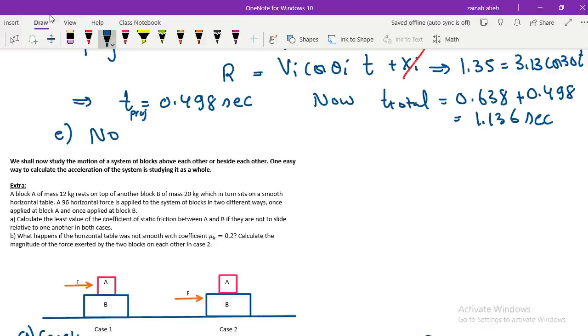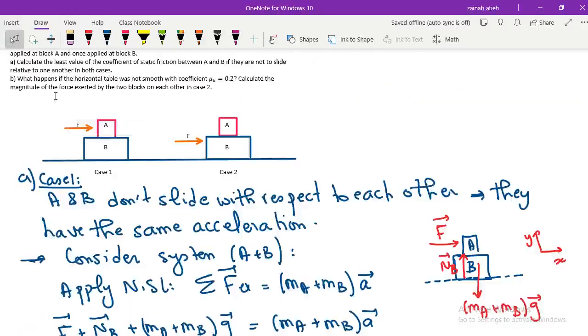So I have to find the frictional force between the two blocks, one on the other, in case 2, if there was friction between the table and block B. Let me be more precise and write the magnitude of the frictional force exerted by the two blocks on each other in case 2.